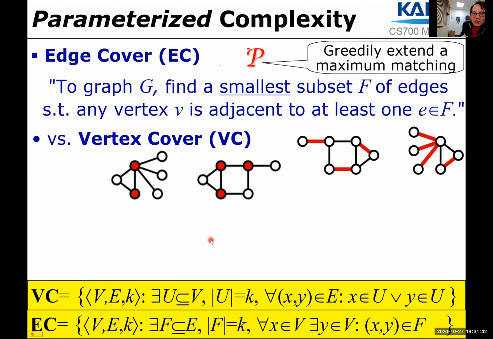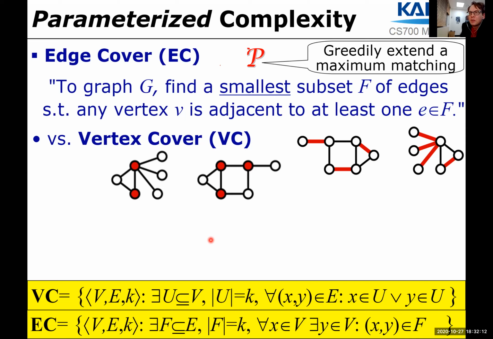Again, this is a typical example of an NP problem where now the witness is the vertex cover, a witness of polynomial size, which is easy to verify whether it's a vertex cover or not. But unlike the edge cover problem, it doesn't seem like there's a polynomial time algorithm for the vertex cover problem. And in fact, one can show that vertex cover is an NP complete problem.